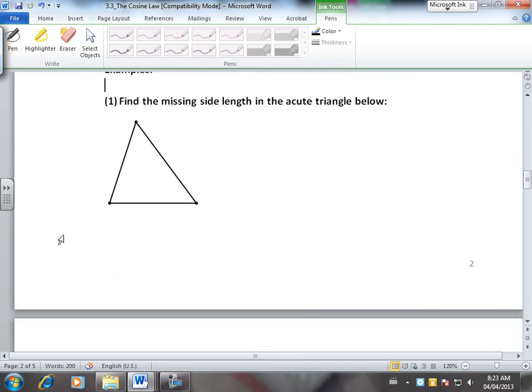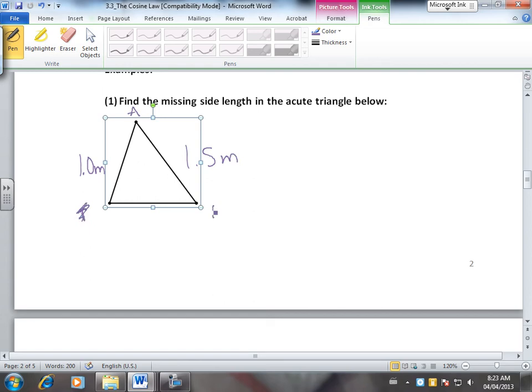So if we have this triangle here, again, it's an acute triangle. If I give you that this is 1.0 meters and this is 1.5 meters, we'll label our triangle ABC, and then we have 59 degrees up there.